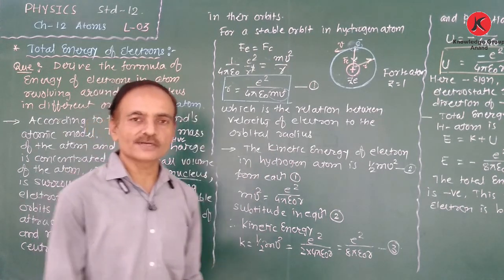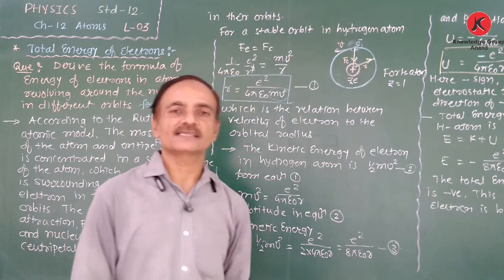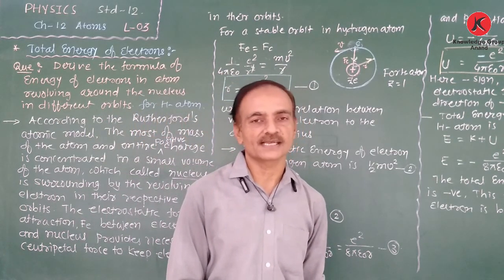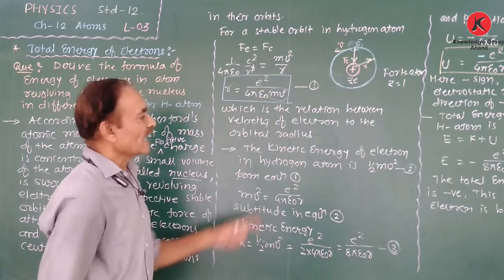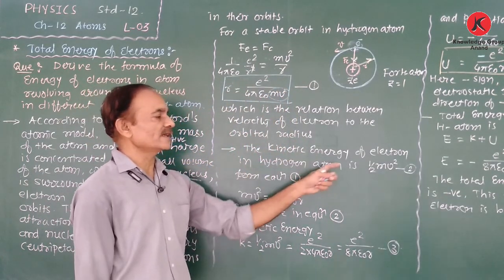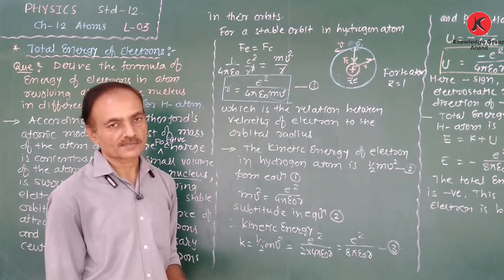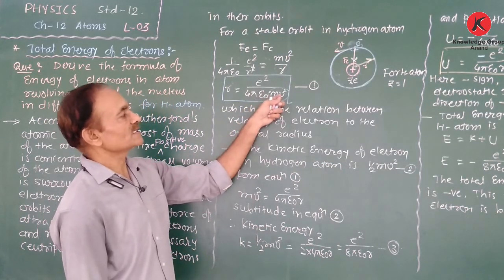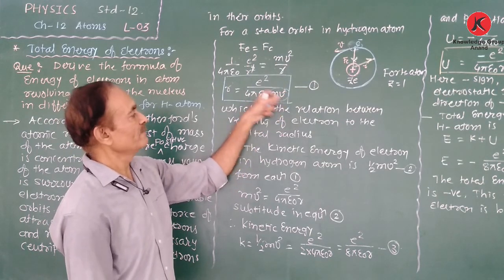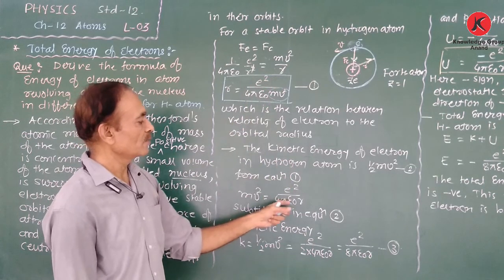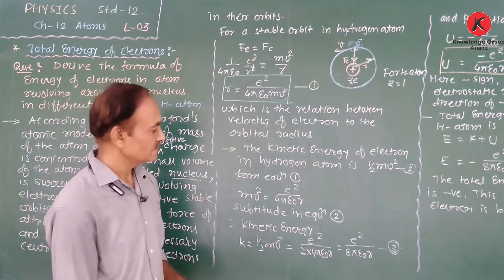Now our aim is to derive the equation of total energy. Therefore, we have to derive the equation of kinetic energy and potential energy. Now, the kinetic energy of the electron in hydrogen atom is half mv square. That is equation number 2. But from equation 1, what is the value of mv square? mv square is equal to e square upon 4 pi epsilon 0 r.